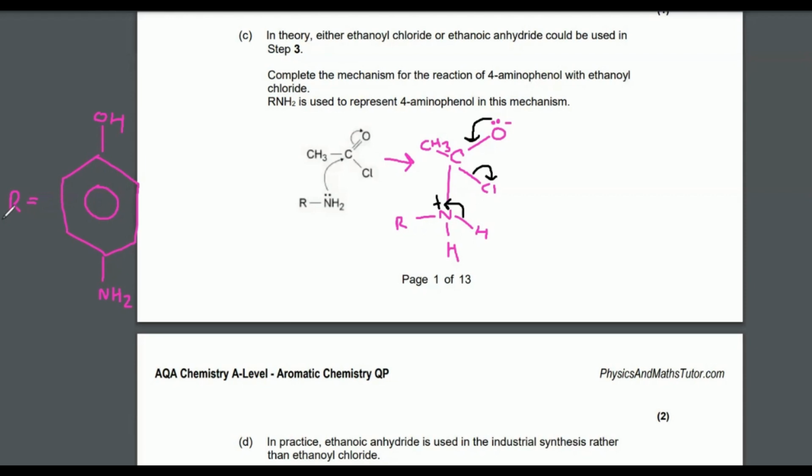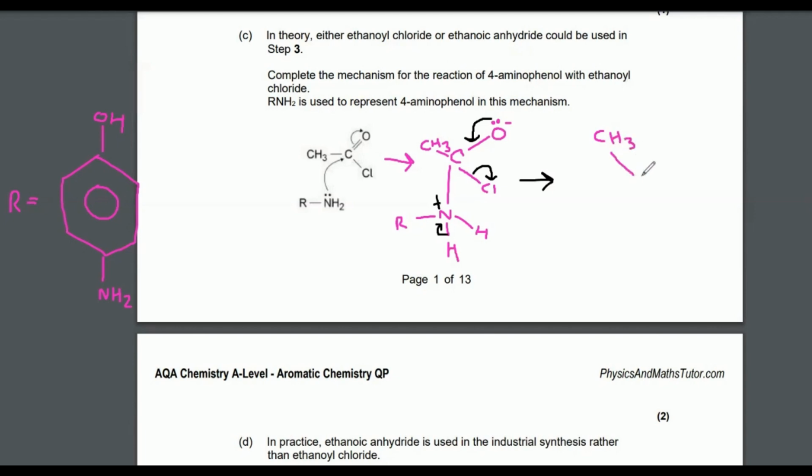Then over here, one of these hydrogens, I'll do this one down here, its bond is going to break and the pair of electrons from the bond go to that positive nitrogen and stabilize the molecule. That leaves us with a hydrogen ion coming off the side here, and of course a chloride ion coming off the side here.